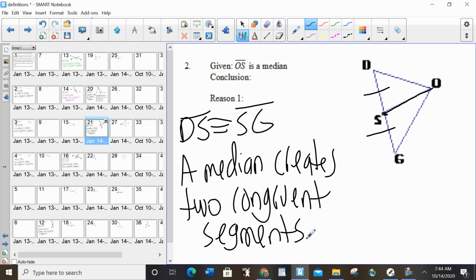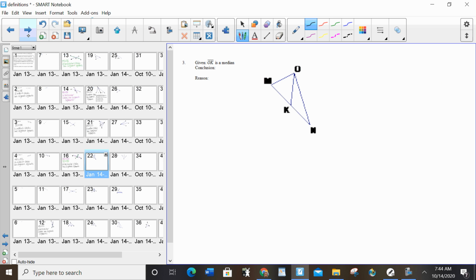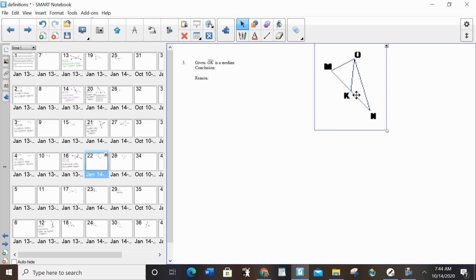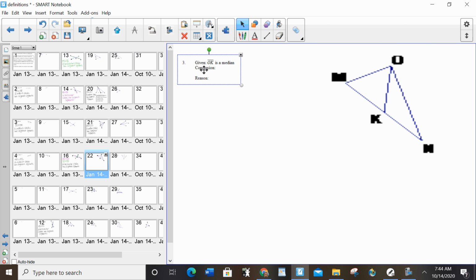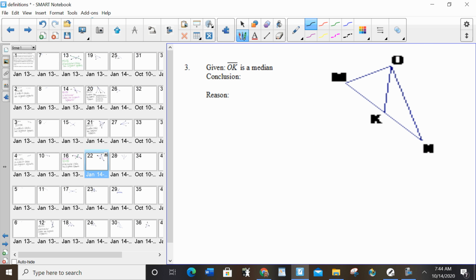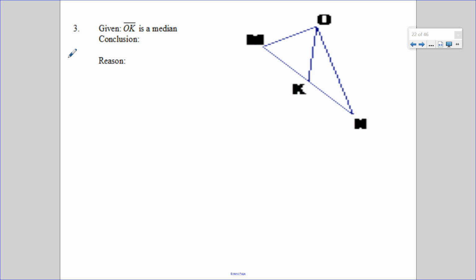All right, I want you to try number 3 on your own. If you need more time, please pause it. Okay, now that you tried number 3 on your own, if OK is a median, well, a median creates two congruent segments.